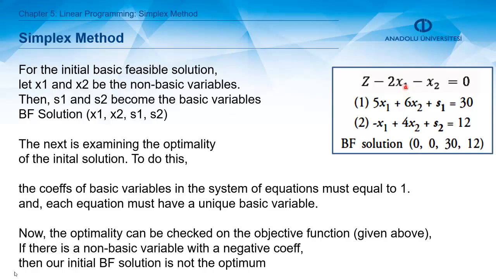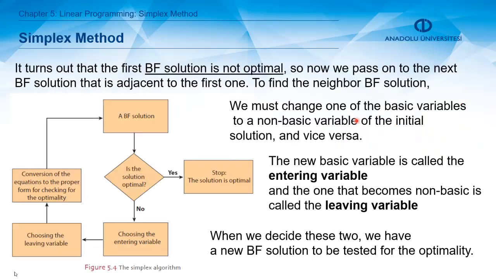We know that our non-basic variables are x1 and x2, and here they have negative coefficients. So that means this basic feasible solution is not the optimum. All right. It turns out that our first basic feasible solution is not optimal. So now we can pass on to the next basic feasible solution that is adjacent to the first one.